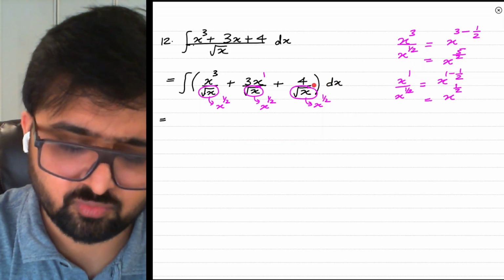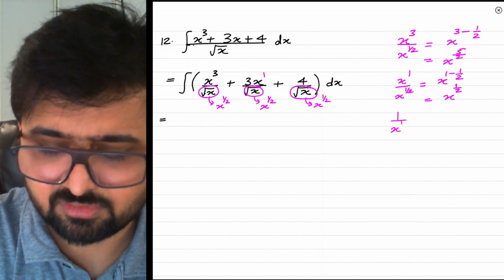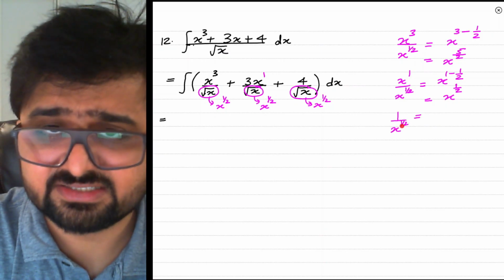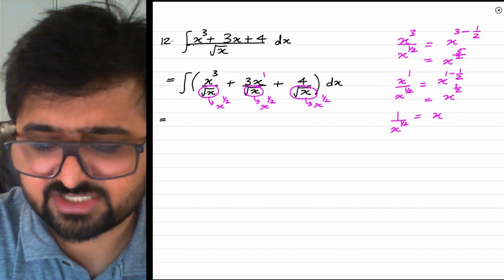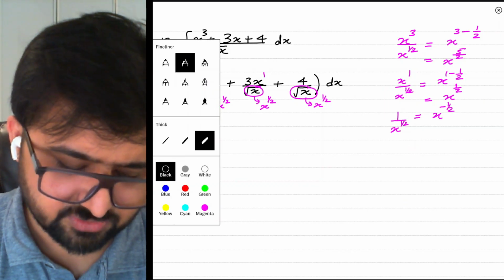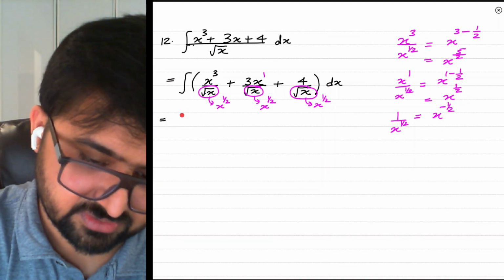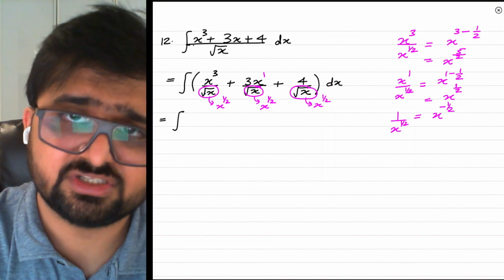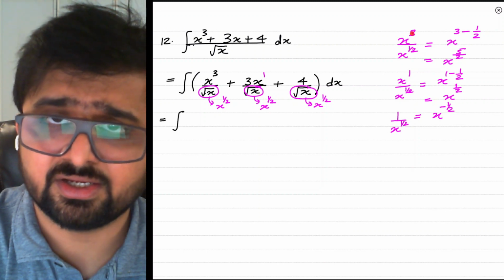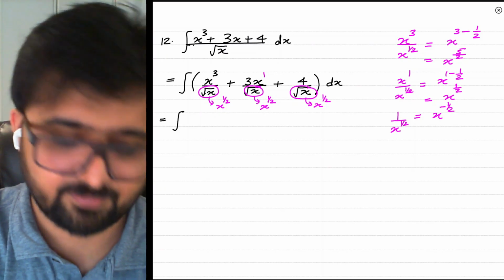And this is 1 over x to the power half. So that's nothing but you can take this in the numerator and that will become x to the power minus half. Okay. Now we can substitute those terms in the integral that we found out. I hope that makes sense. You use the laws of indices to subtract those powers because it's a division. Okay.